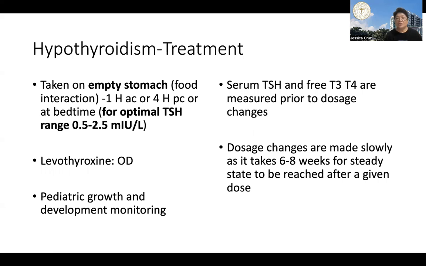The optimum TSH range which we target in treatment is about 0.5 to 2.5 milli-international units per liter. We start titrating the dose and keep monitoring the TSH until we reach this range, in which case that will be the maintenance dose for the patient. Levothyroxine is usually given once a day.